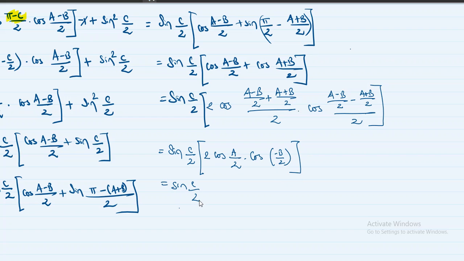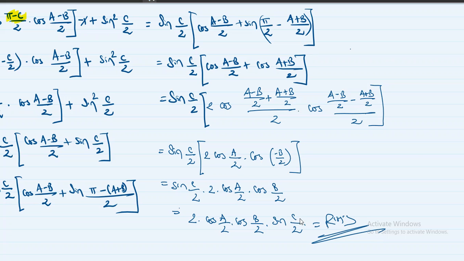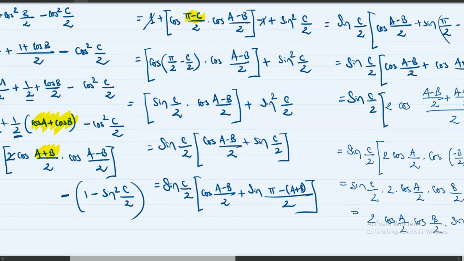So sine C by 2 into 2 cos A by 2 into, cos of minus theta is cos theta, cos B by 2. Okay, so 2 comes ahead and we get 2 cos A by 2 cos B by 2 into sine C by 2, which is your RHS. If you remember, that's what you needed to prove. Okay, so this is how you prove this question.